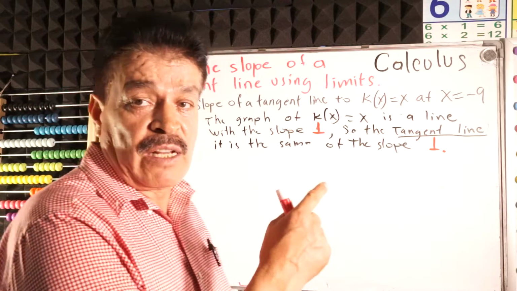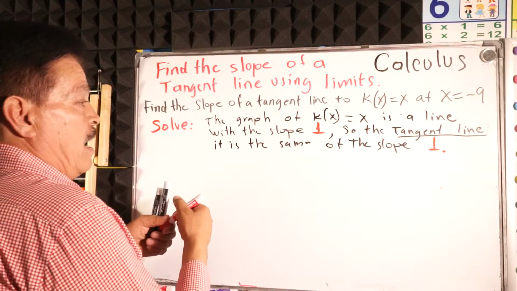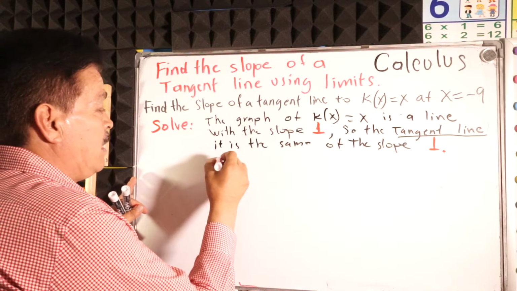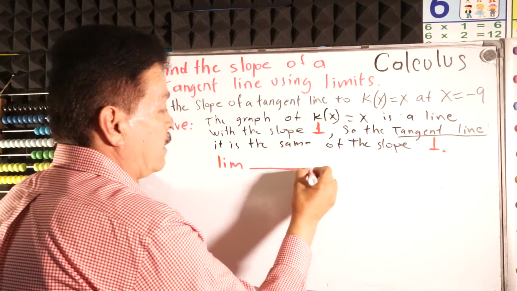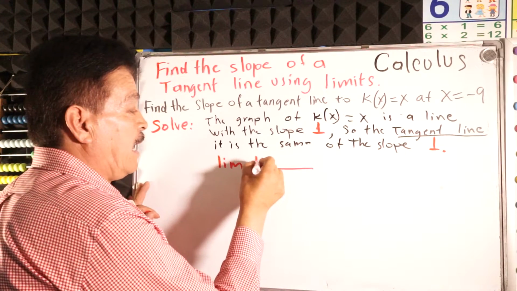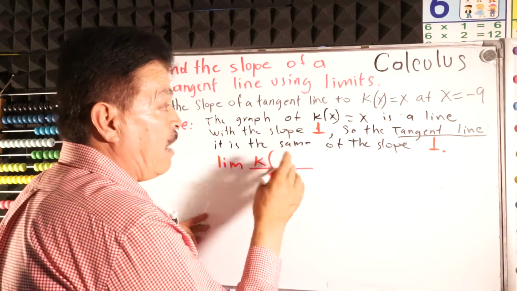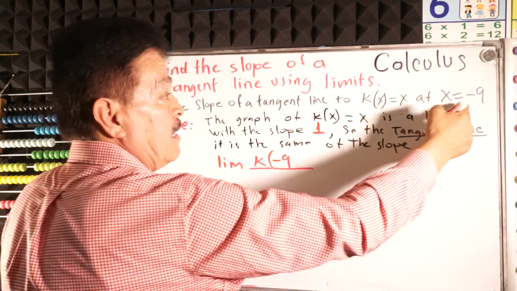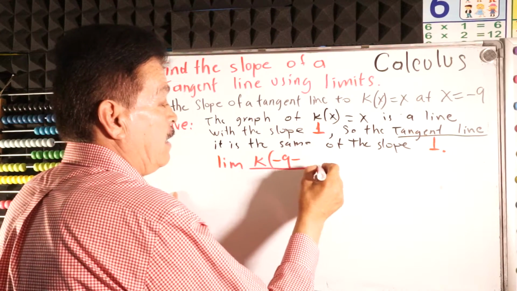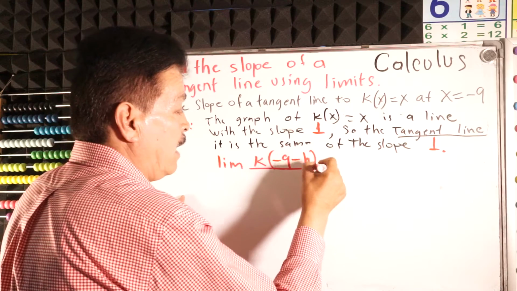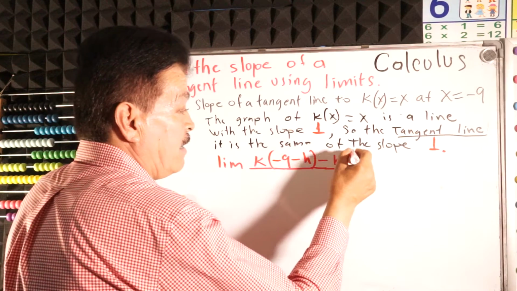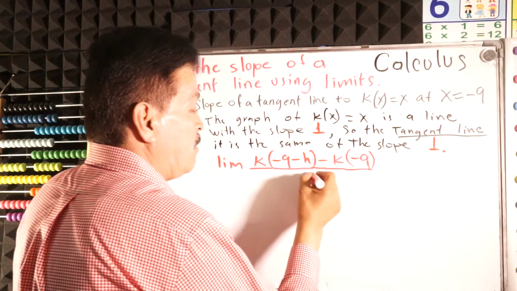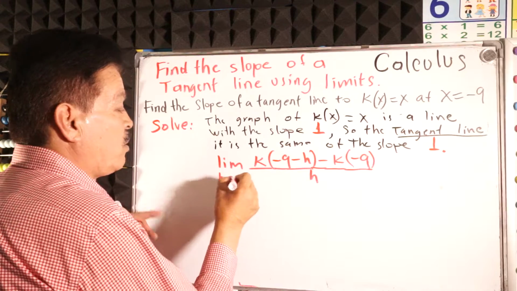Remember, the limit definition is the limit of k of negative 9 plus h, minus k of negative 9, divided by h when h approaches 0.